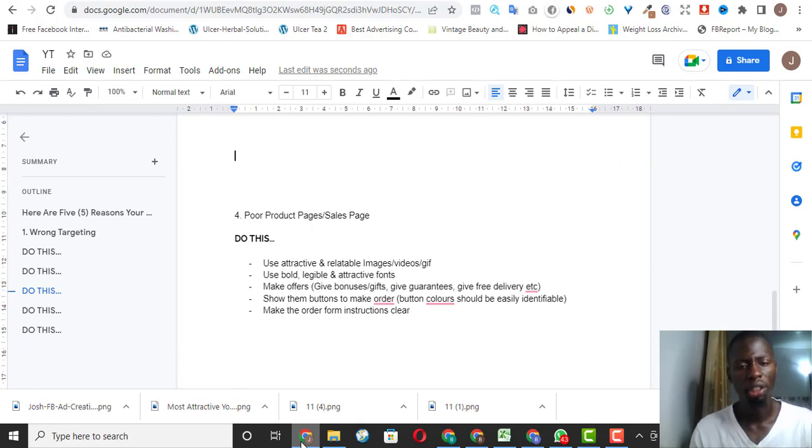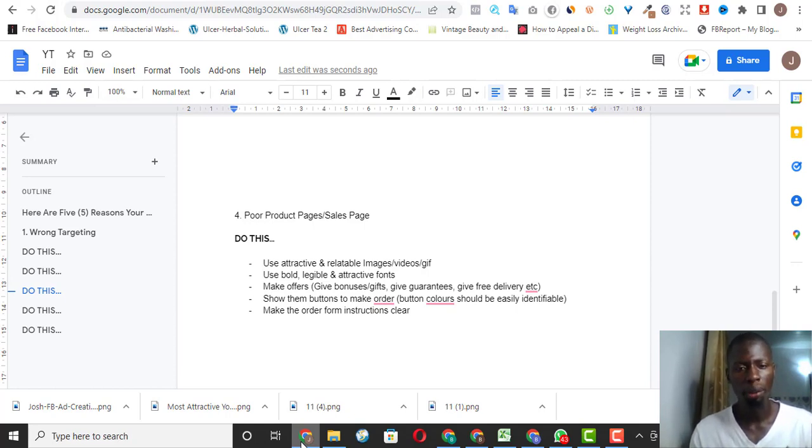So number 4 reason why Facebook ads fail is because of your poor product pages or your poor sales page. One mistake people make is that they get a product idea they want to sell, and they go ahead to take that product and create a page for it, and they just take the next 30 minutes or 1 hour or 2 hours to create a product page, and boom, they are off there running traffic to that page already.